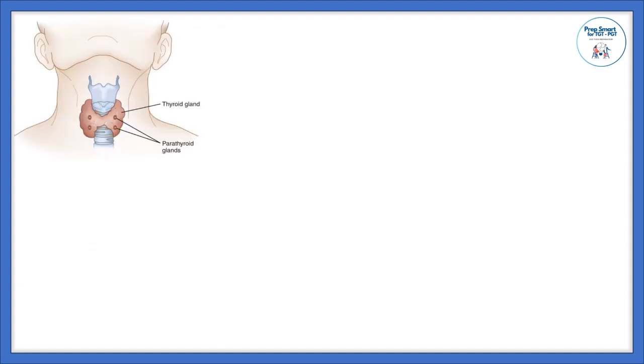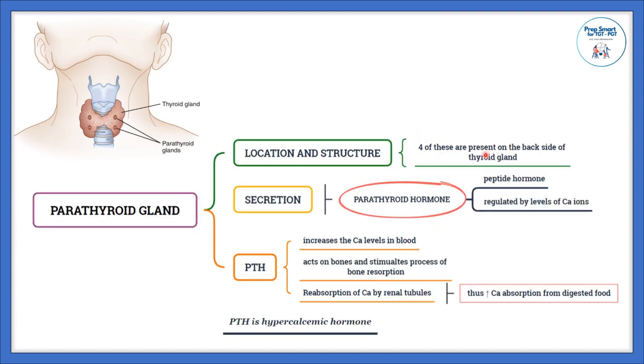The next gland is the parathyroid gland. These are 4 in number, present on the back side of the thyroid gland. Here we can see 1 2 3 4, these are the parathyroid glands. It secretes parathyroid hormone, which is basically a peptide hormone that regulates the level of calcium ions in the blood.